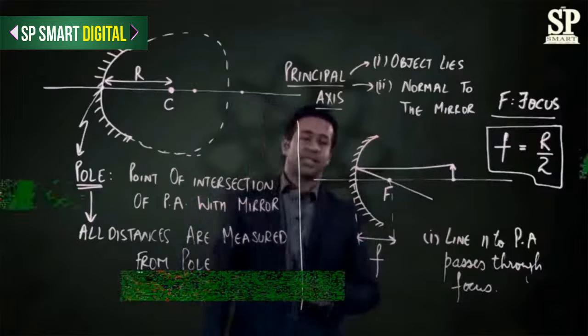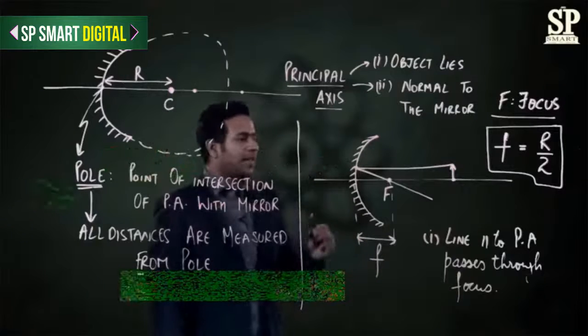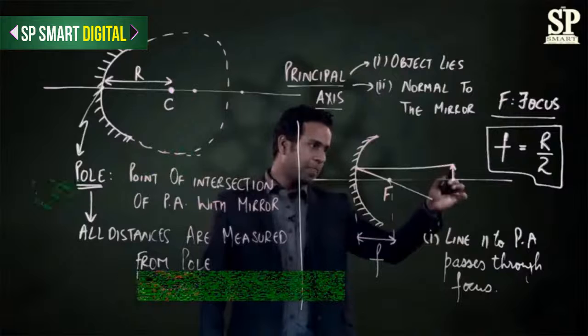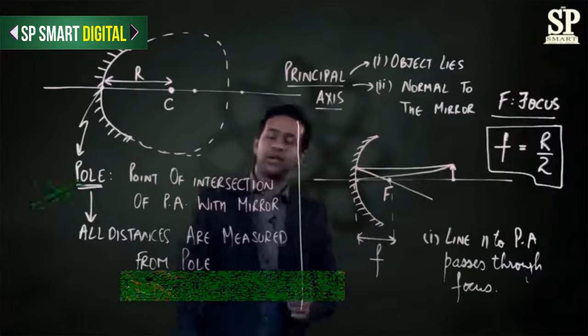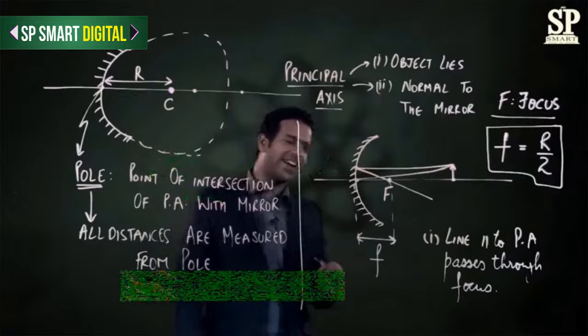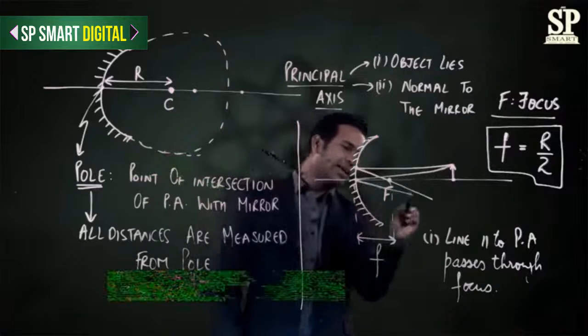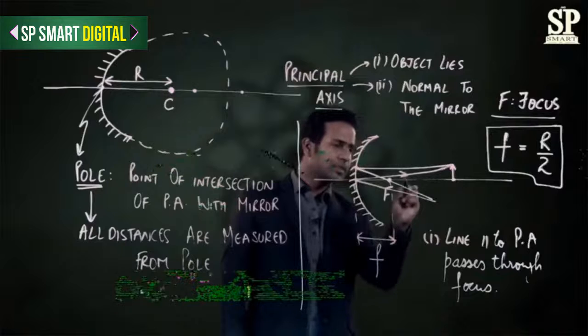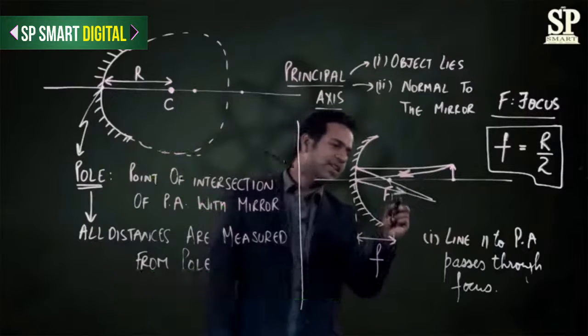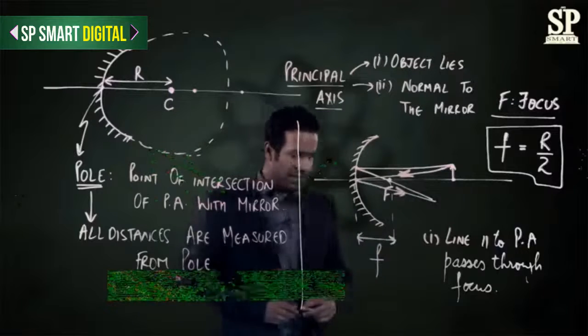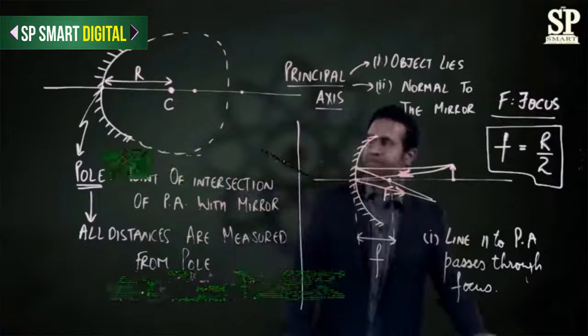Right. The second property is that any ray which comes directly to the pole is reflected at an equal angle. This is the direction of the incident ray, then this is the reflected ray. Let me draw this again.